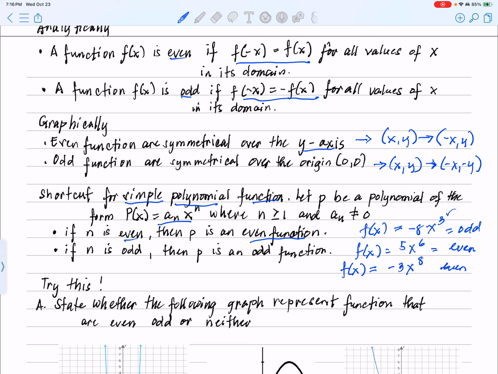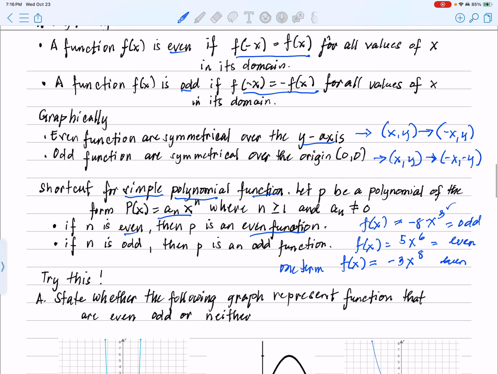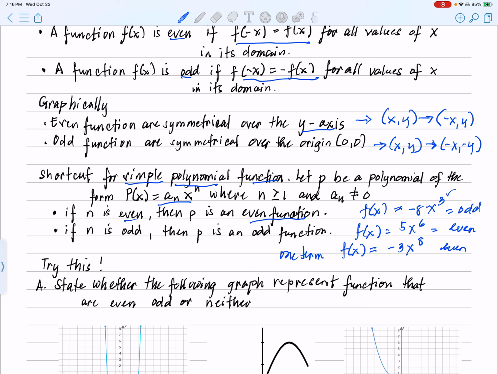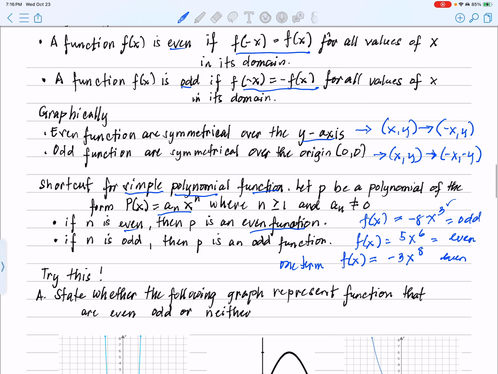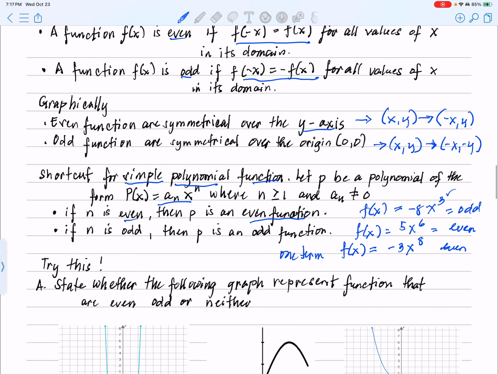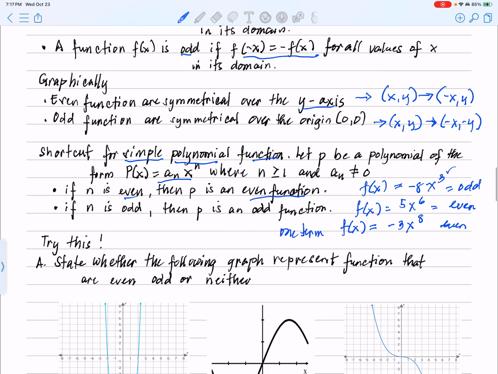This condition is for a single term. But if you have 2 terms, 3 terms, then you have to check. You might say, oh, this is even, then check algebraically by looking at the conditions for when it's even and when it's odd function. Okay, let's try this.